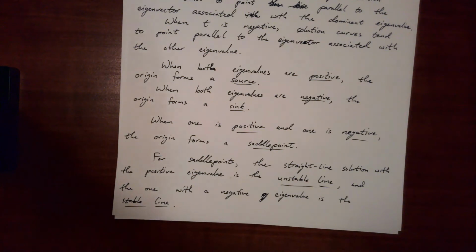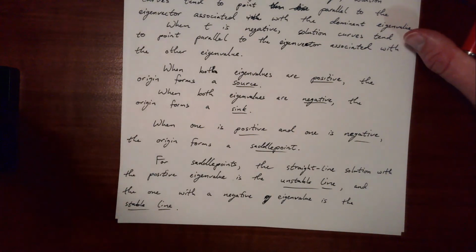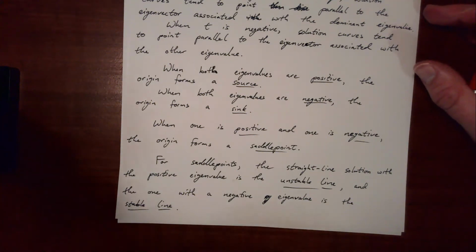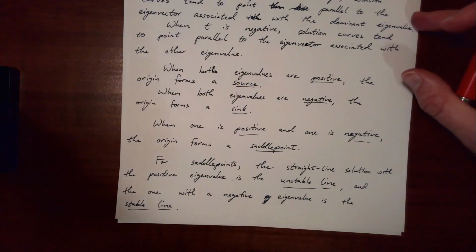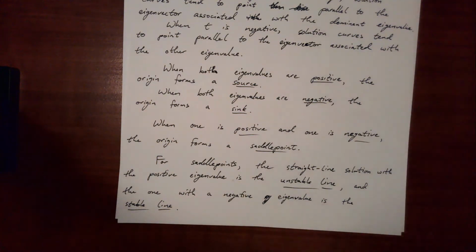If the eigenvalue is negative, then they will be going in towards the origin. The larger of the eigenvalues is said to be dominant, and the reason it's called that is that as the values of t get larger, the weights on that particular vector overwhelm the weights on the other vector. So the solutions all tend to end up pointing in that direction.